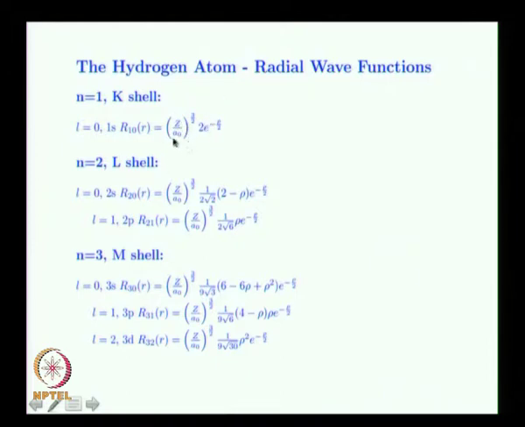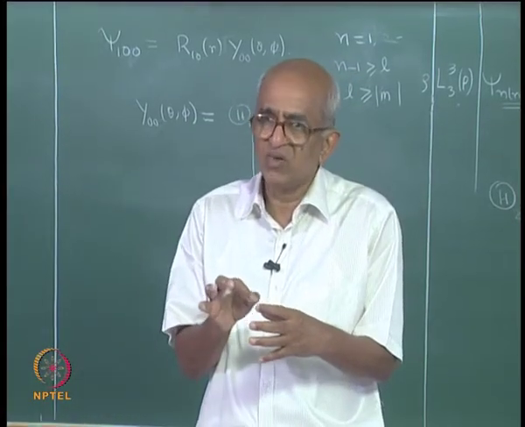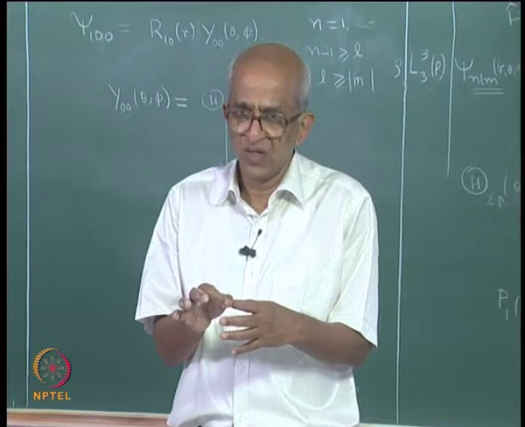If you look at this expression, there is a small chance that you will get confused because there is a capital Z sitting there. I will tell you what it is, but there is this A0 which you are familiar with, and then to the power of 3 by 2 and 2 into e to the power of minus rho by 2, rho is already defined. So, what is this capital Z? Well, this particular expression is valid not only for the hydrogen atom, where the nuclear charge is unity.